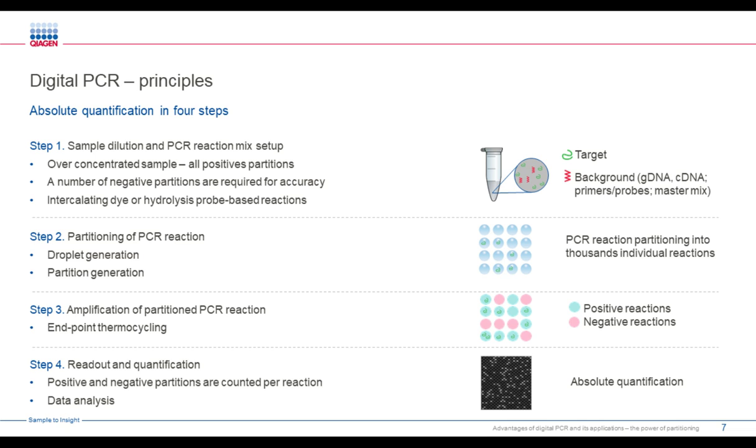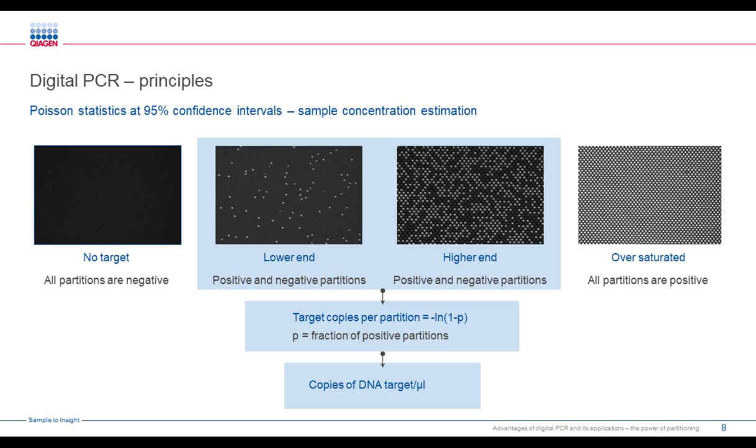We do that in partitions. So we are partitioning the sample to get an enrichment factor, and this is what this presentation is all about. I will come back to that later. But after the partitioning is done, you do an endpoint PCR, and then we take a look at the outcome and the result, which is absolute quantification.